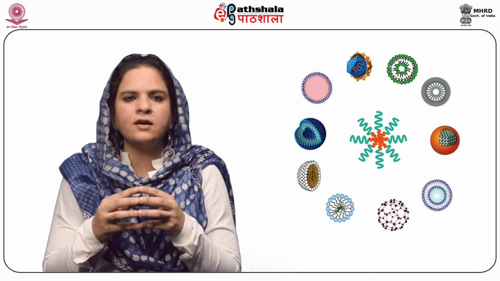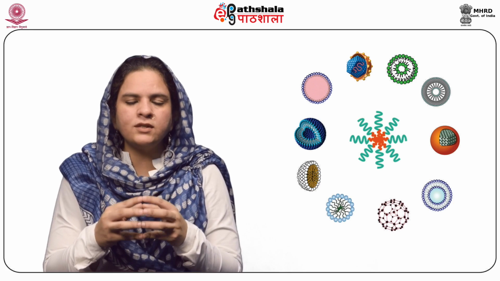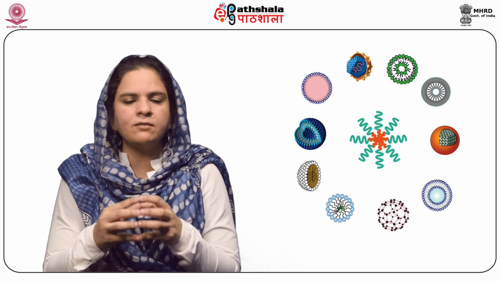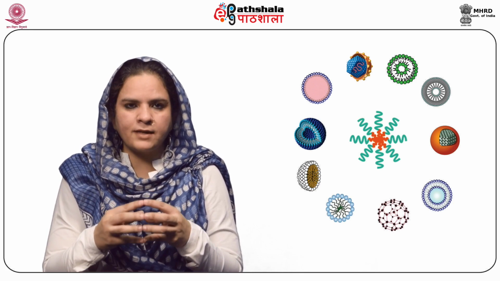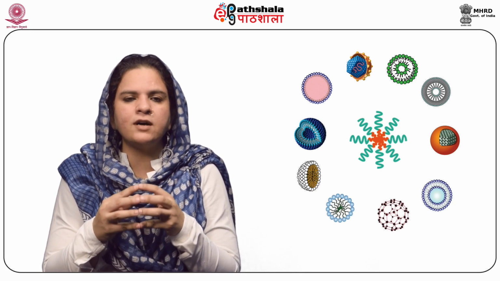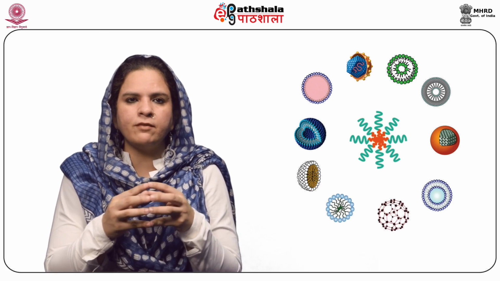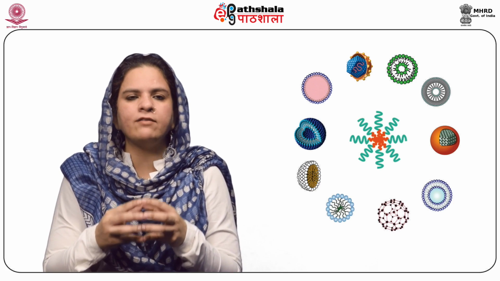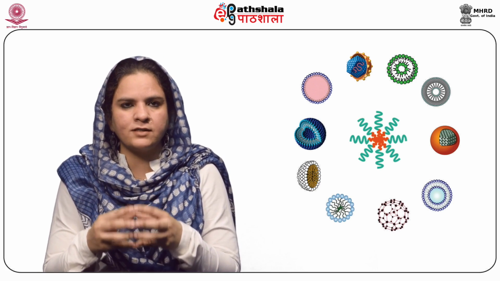If we want a drug to be released through the skin, we can design the transdermal drug delivery system. For example, if we want a sustained release duration of a drug for treatment of some vaginal infection, we can have an intravaginal drug delivery system.